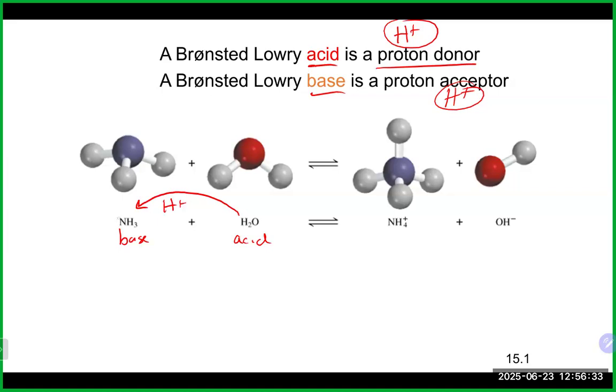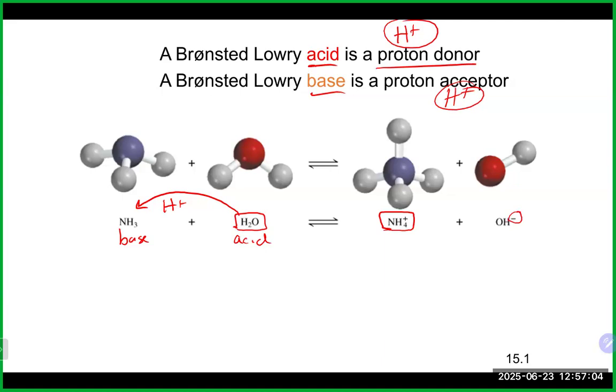When it does so, that NH3 now becomes, as you can see here, what we were just talking about, NH4 plus. So it gained the hydrogen and it went from a neutral charge to a +1 charge because it gained the positive charge from the hydrogen. The water will lose a hydrogen, which leaves it an oxygen and a hydrogen, and it was neutral to start with. So when it loses the positive charge, it becomes hydroxide over here, OH minus. So again, that's a really important aspect of it.